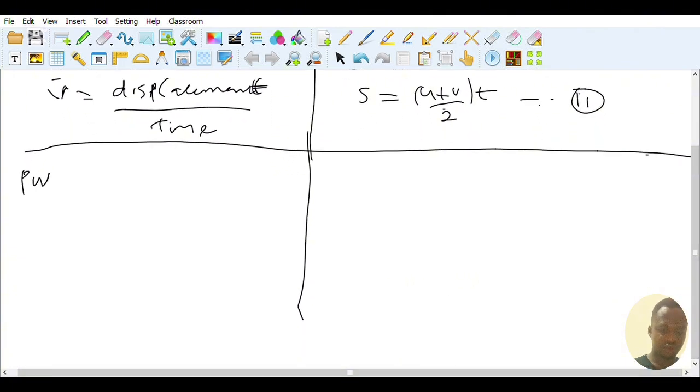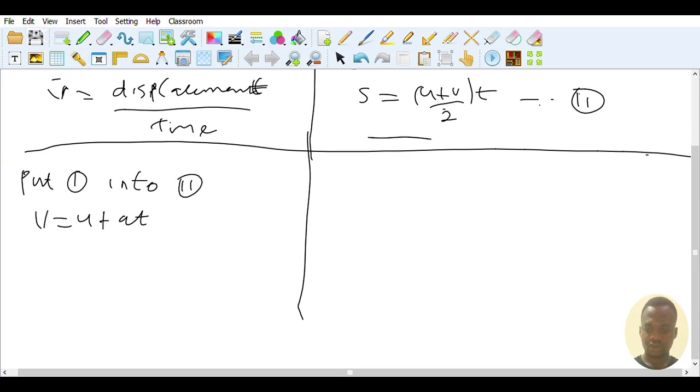So if we substitute equation 1 into equation 2, remember equation 1 is V is equal to U plus AT. So in equation 2, anywhere we see V, we put this.